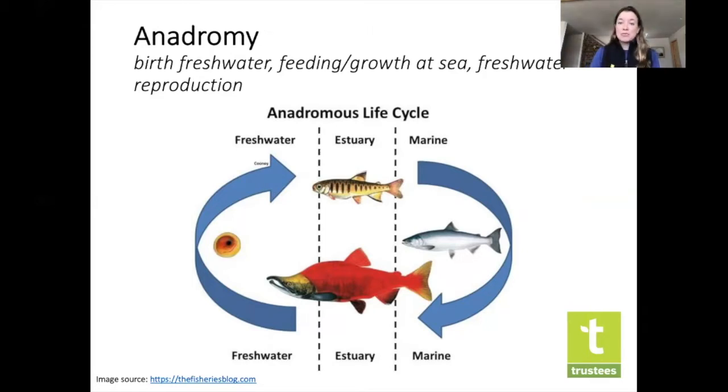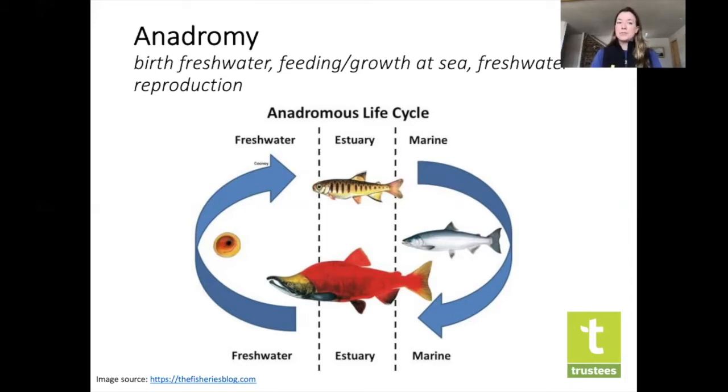We've eaten salmon before, but we think about the Pacific Northwest salmon, and up in Alaska, they're going to be born in freshwater, these freshwater rivers and streams, head out to the ocean once they're old enough and big enough for feeding and growth at sea, and then go back to that same river and stream, which is pretty amazing, in order to reproduce, and then the life cycle starts over again.